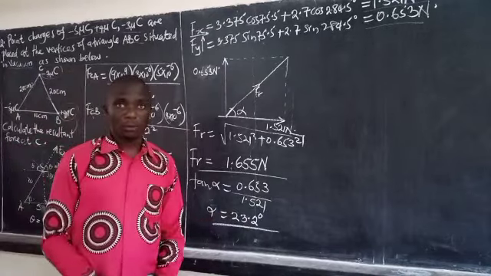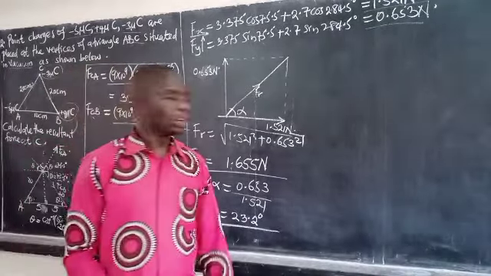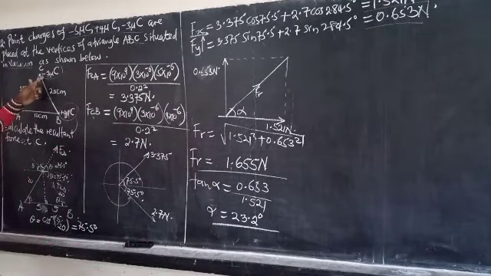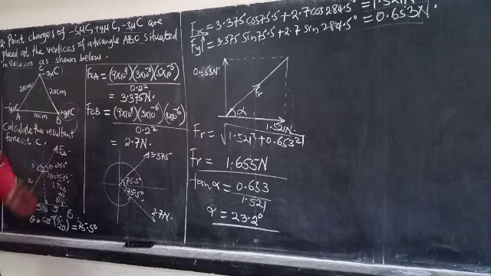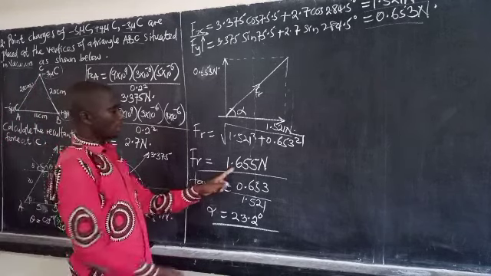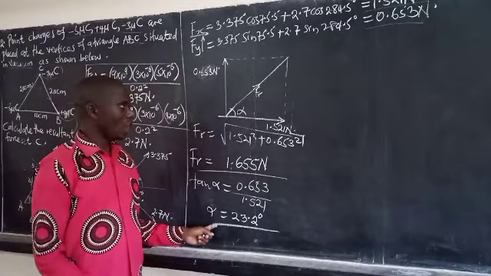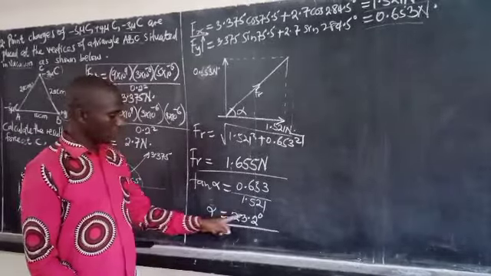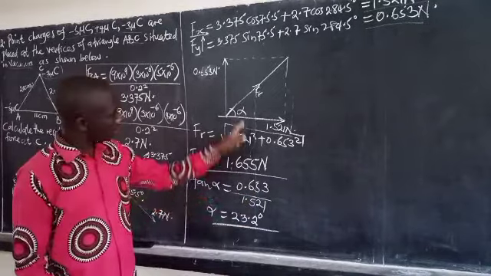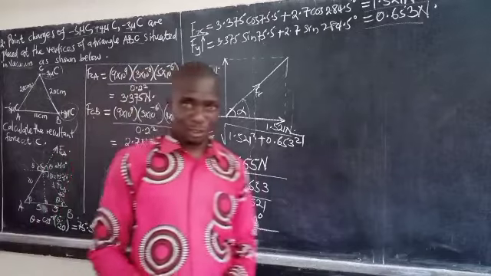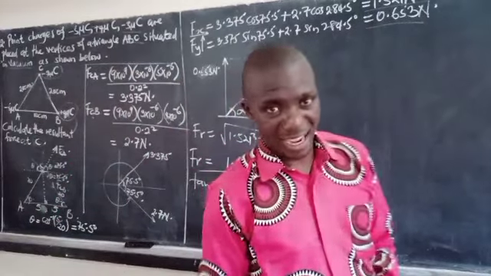All these ones, we get them from the calculator. How do we conclude? The resultant force here on C is a force of 1.655 newtons at an angle of alpha, at an angle of 23.2 degrees. You can see this angle is above the positive horizontal axis.